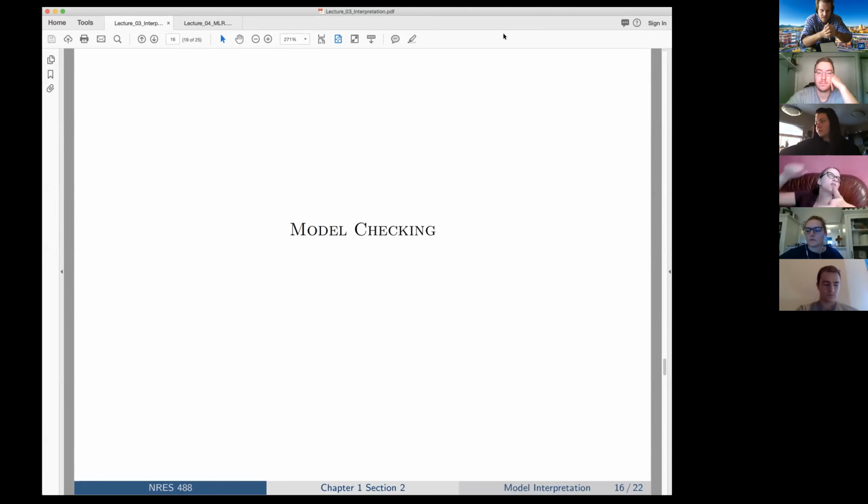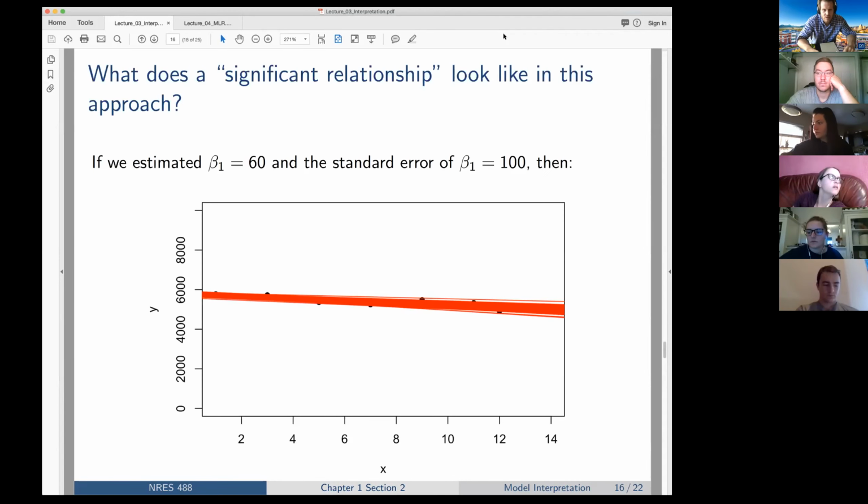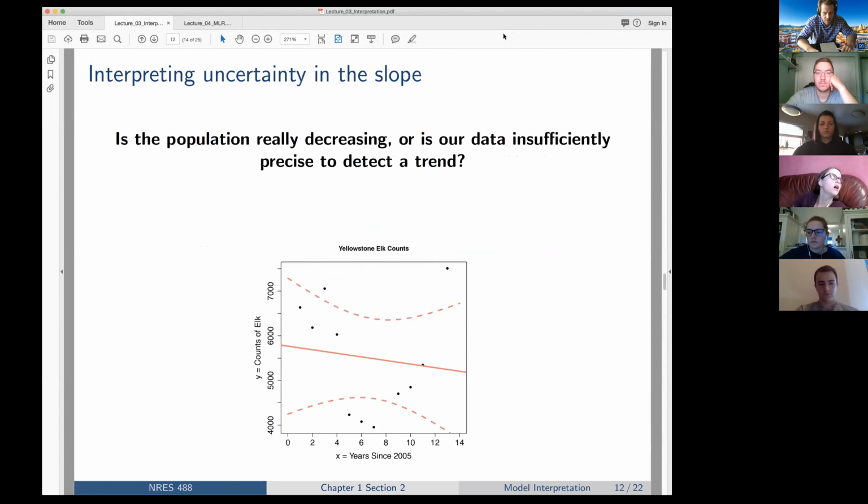And the question is, do those estimates actually reflect what the population is doing? So we were talking about the elk data before, and we got this model output back from RStudio.